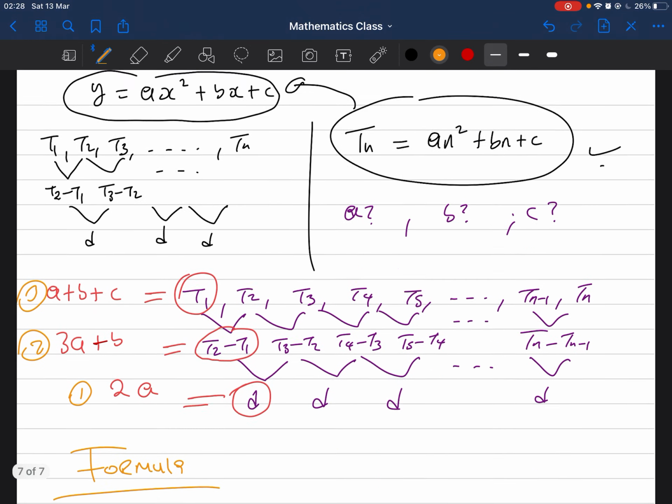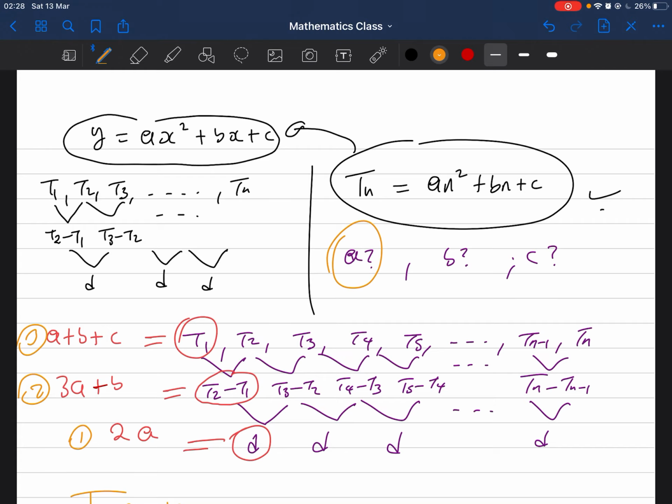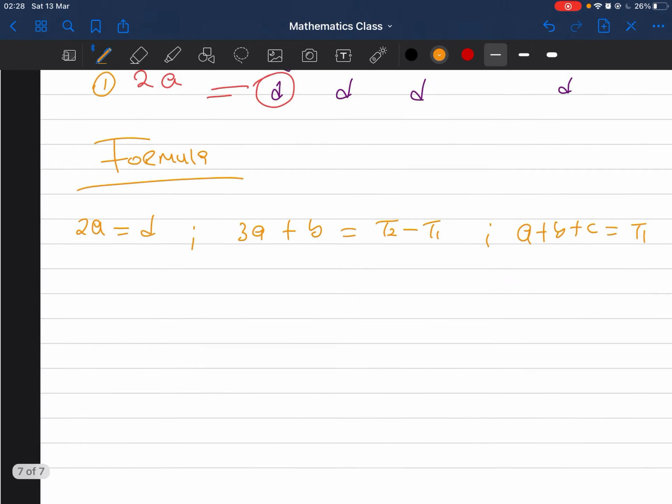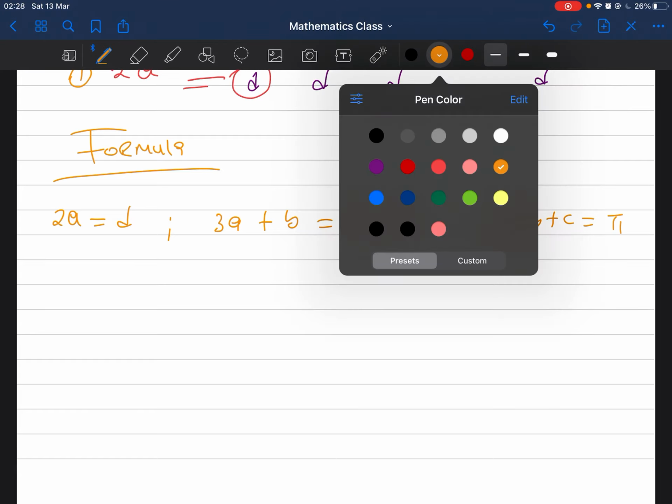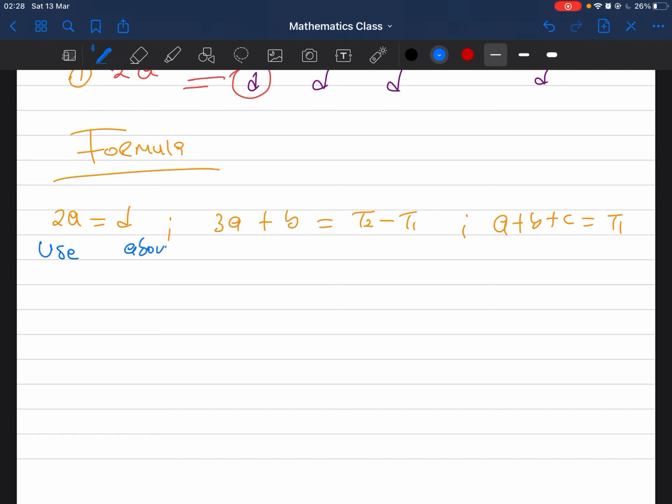So if you have to solve for a, b, and c, use the above formulas to solve for a, b, and c in Tn is equal to an squared plus bn plus c. Simple. Let me give you an example.